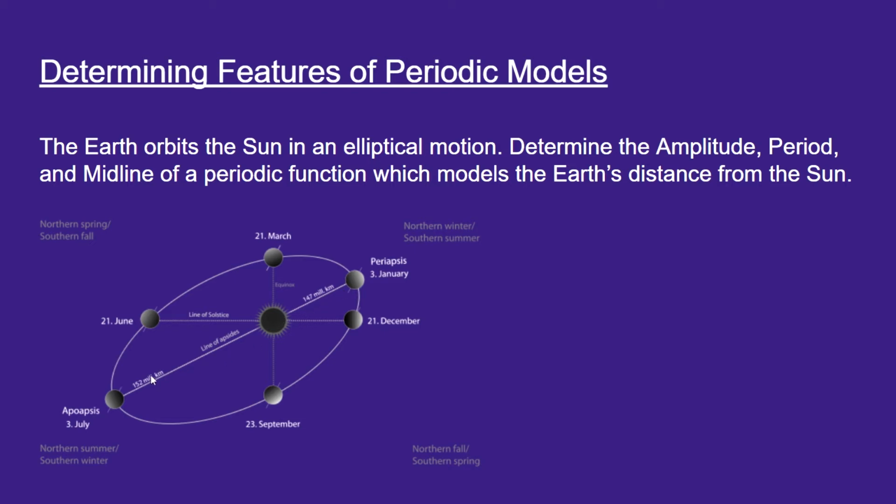And over here at 152 million kilometers, that's our maximum, the furthest the Earth is from the sun. So we know our minimum and our maximum, and by using those two values, I can find the amplitude.